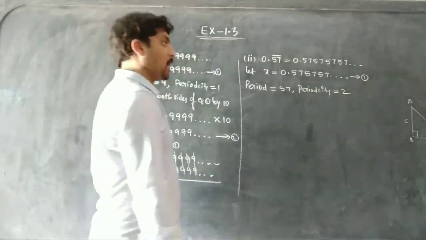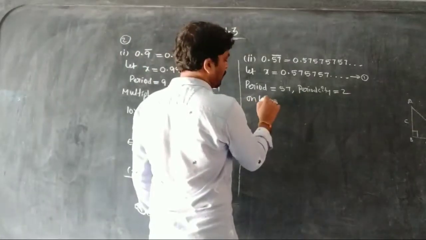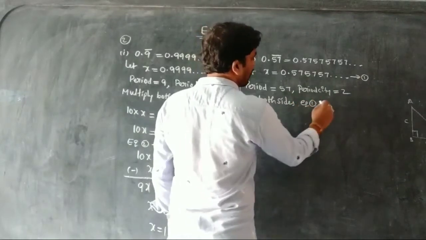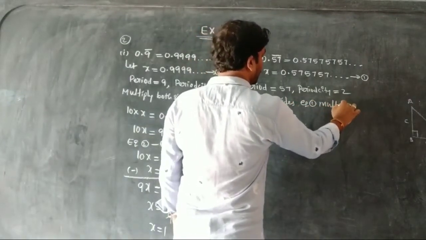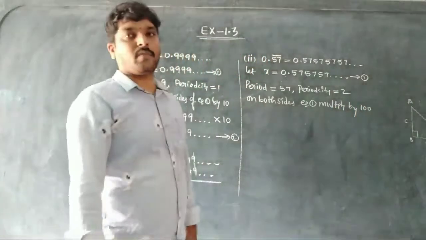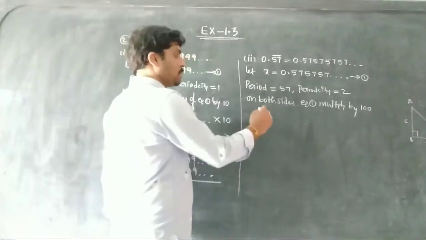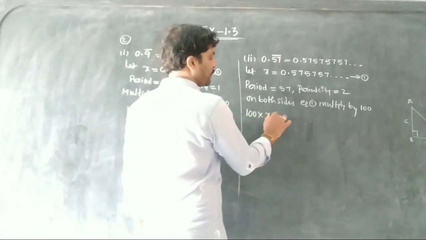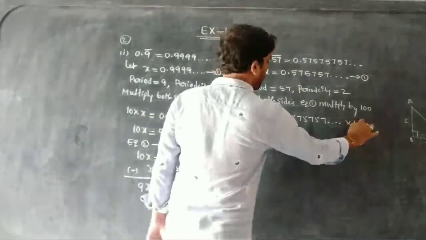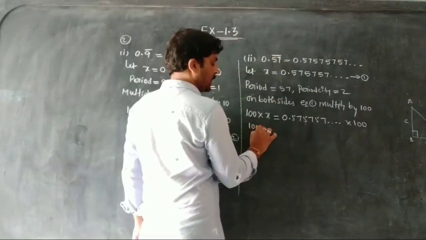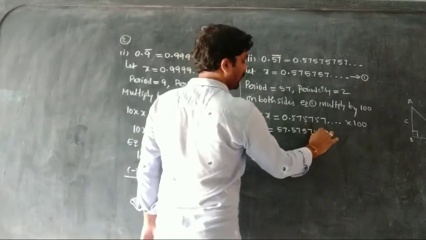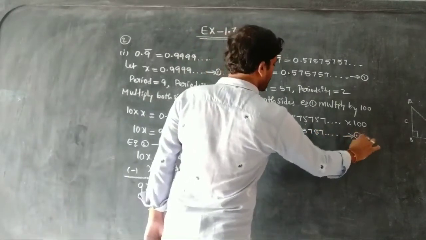Now on both sides of equation number 1 multiply by 100. So 100 into x, and 0.575757 into 100. So now 100x is 57.575757 and so on. This is equation number 2.